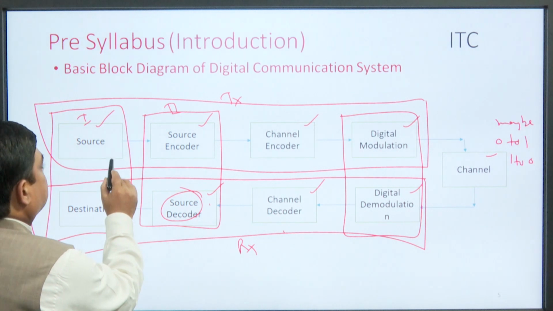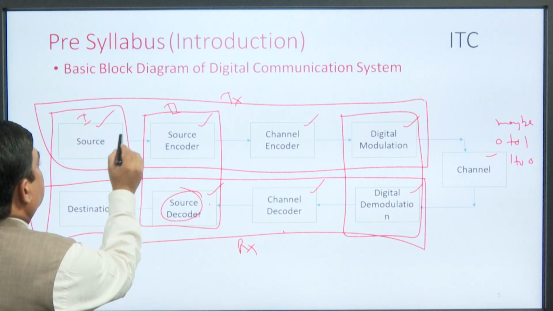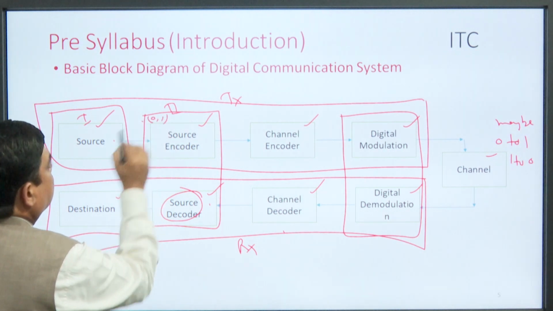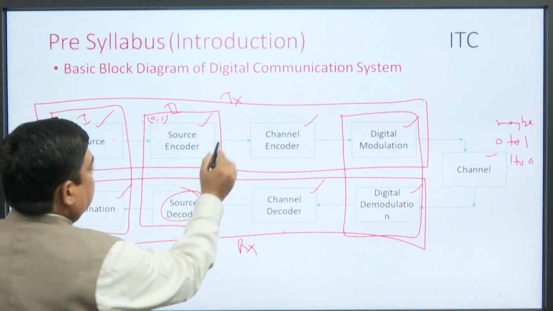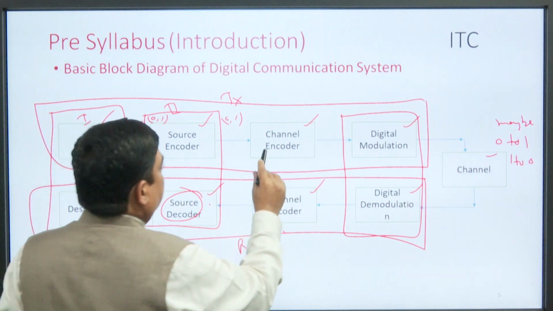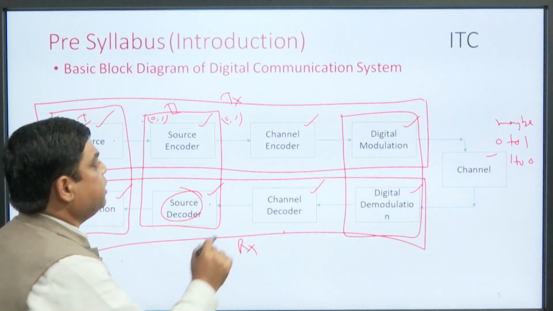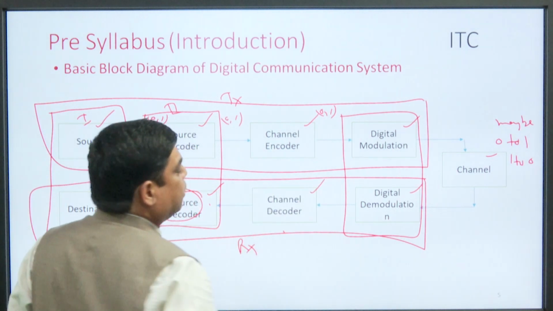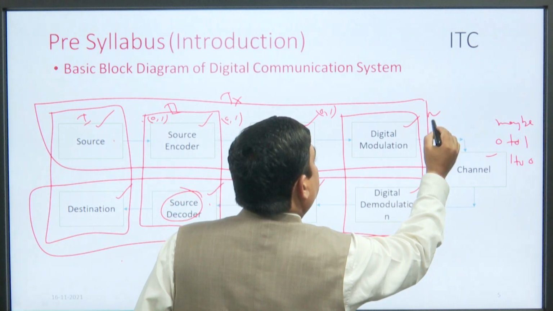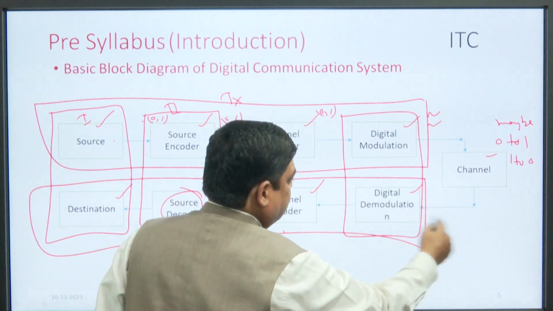Here the output is analog or digital, then converted into binary form. In the channel encoder, again it is in binary form, and the channel encoder output after adding some redundant bits is again in binary form. In digital modulation, it is converted into some waveforms. In waveforms, it will travel through the channel.